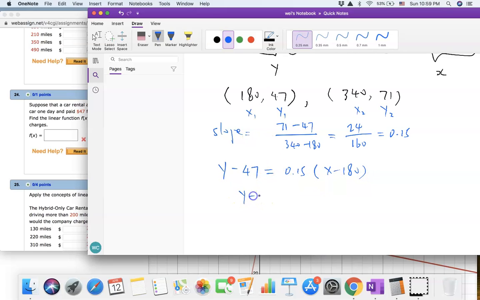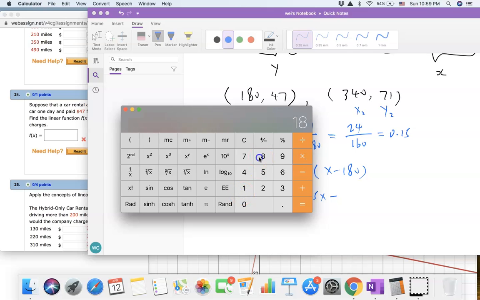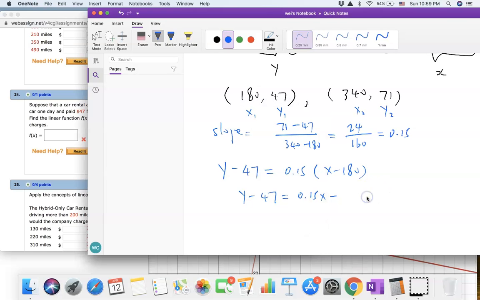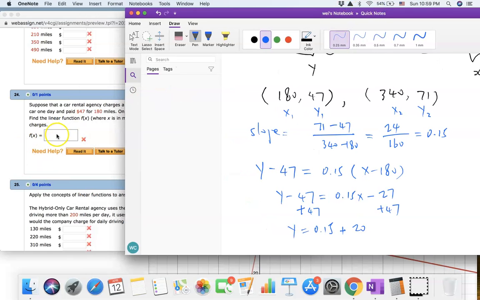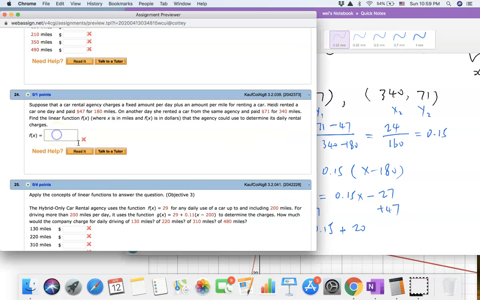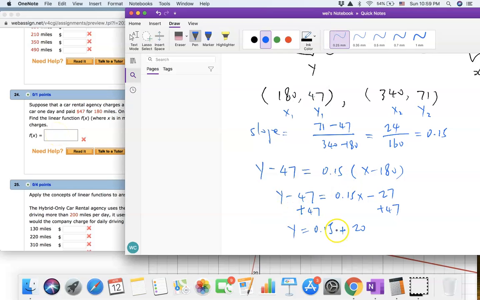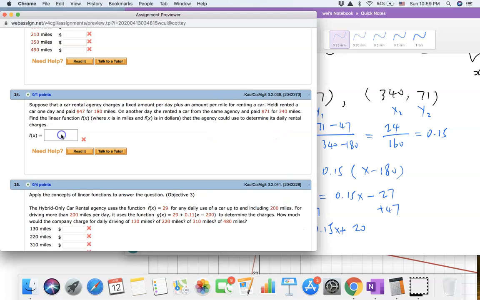So y minus 47 equals 0.15x minus 27, and plus 47 on both sides. Okay. So the linear function is f(x) equals 0.15x plus 20.